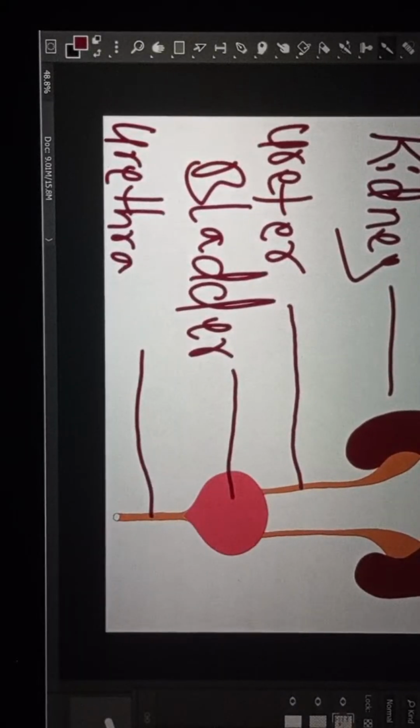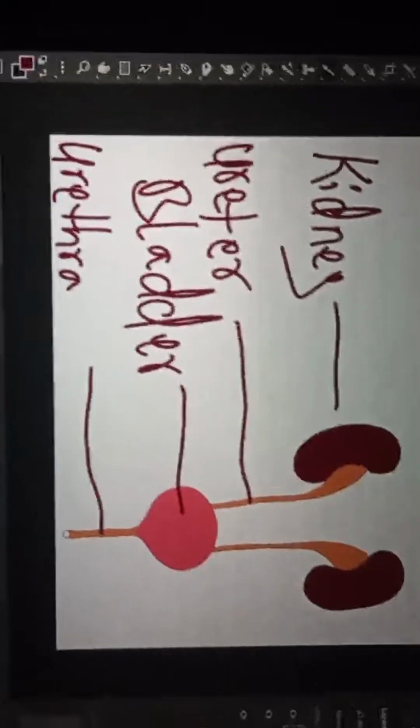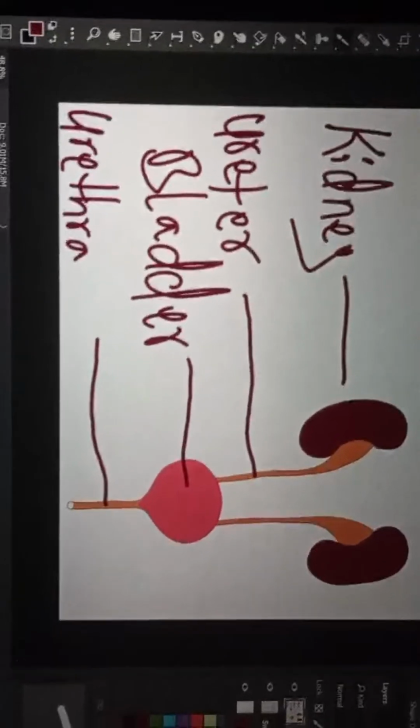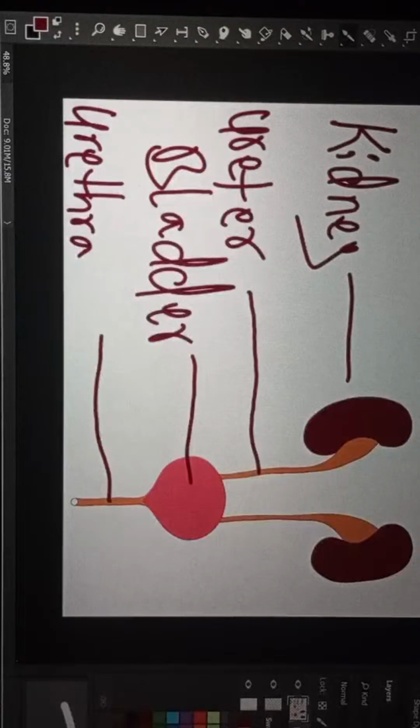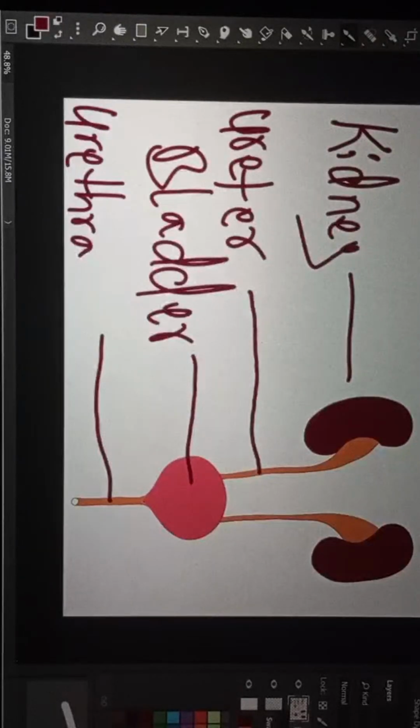So these are the organs that make up the excretory system. When we say excretory system, we mean first the kidney.